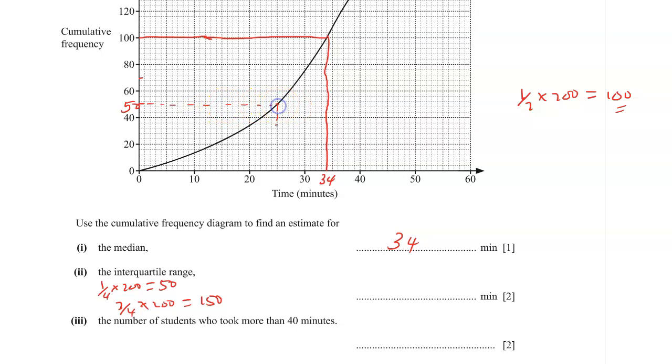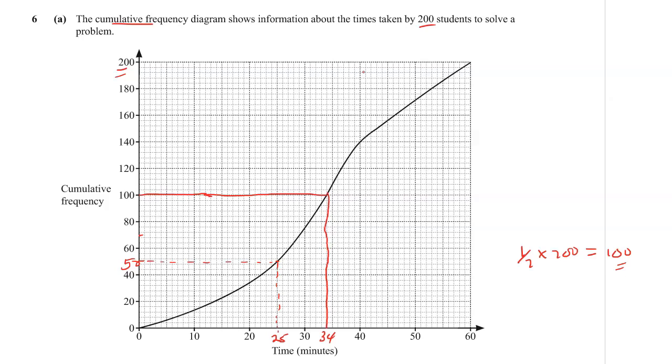We get there. So this is going to be 25 right there. Then we go to 150. 150 is here. Go to the graph. We get there. So 150 is there.